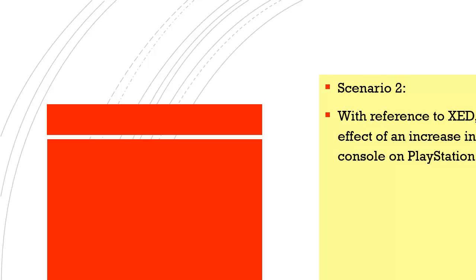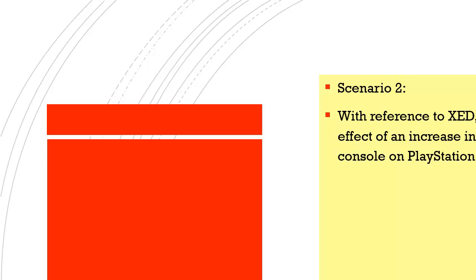Okay, so when the price of the PlayStation console increases, this would lead to a fall in the demand for the PlayStation devices, right? And therefore, when people buy fewer consoles, it means that people will also buy fewer what? Buy fewer PlayStation controllers, right?